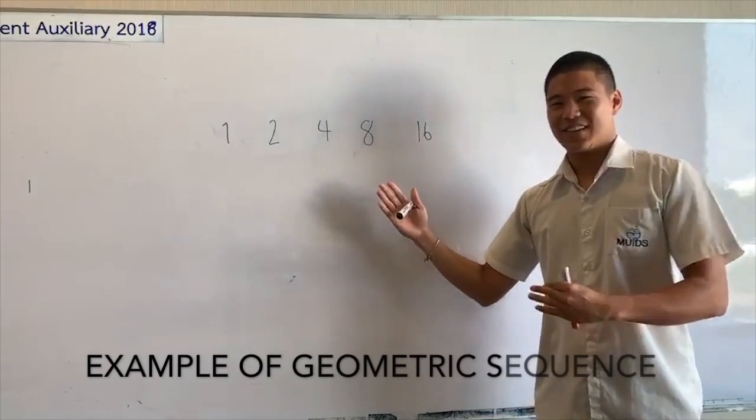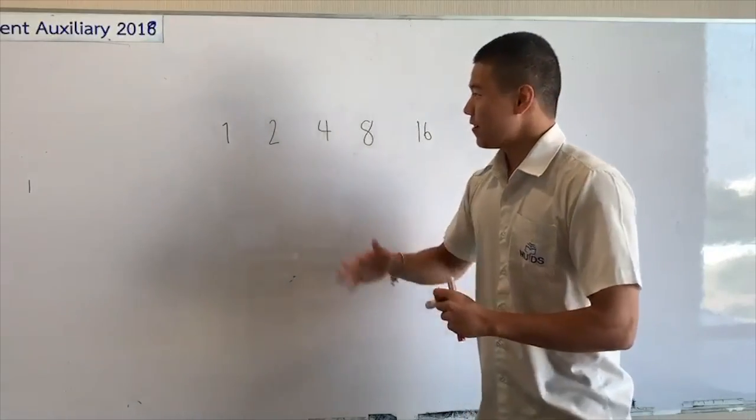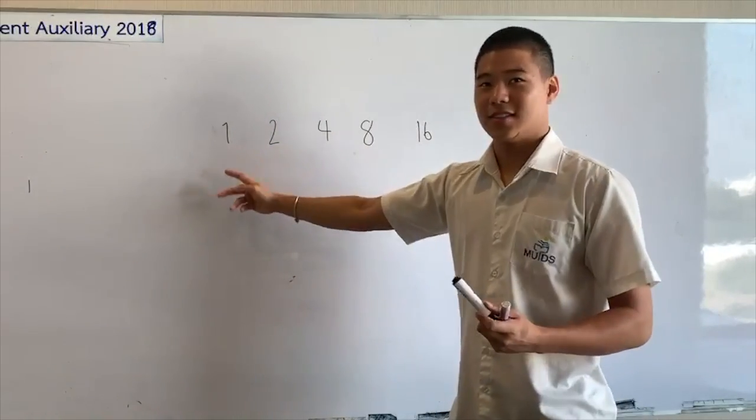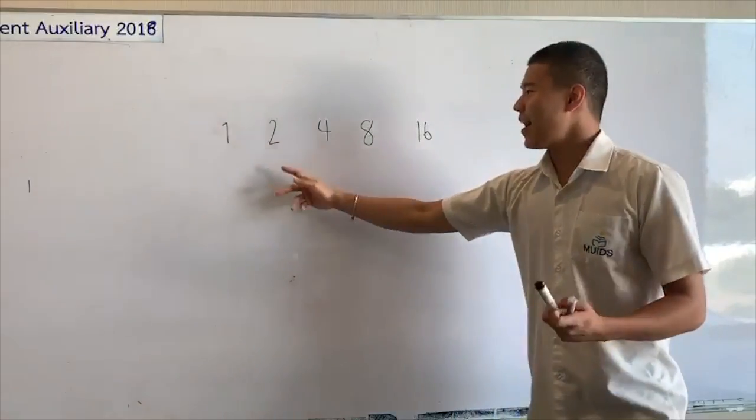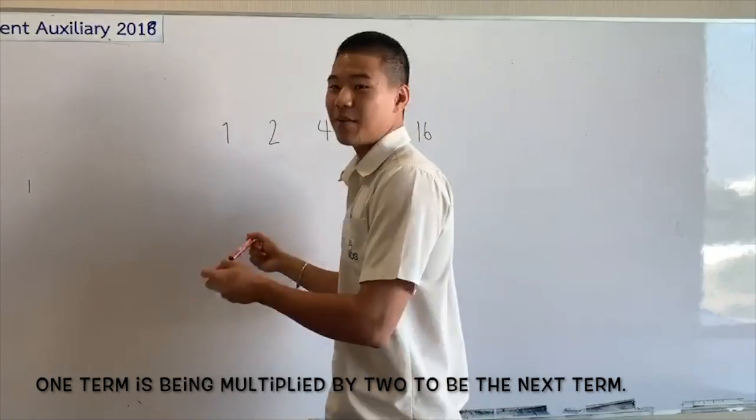As you can see, this is an example of a geometric sequence. The first term is 1, the second term is 2, and the third term is 4. As you can see, it is multiplied by 2.